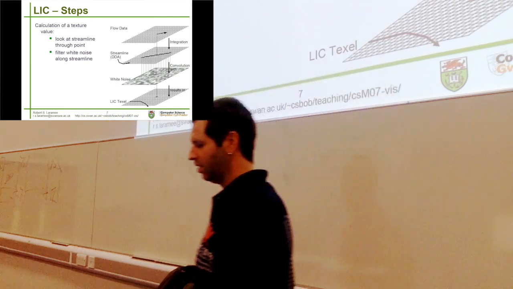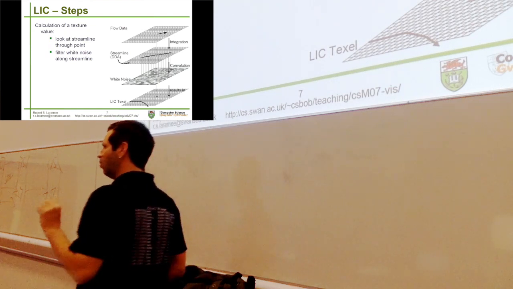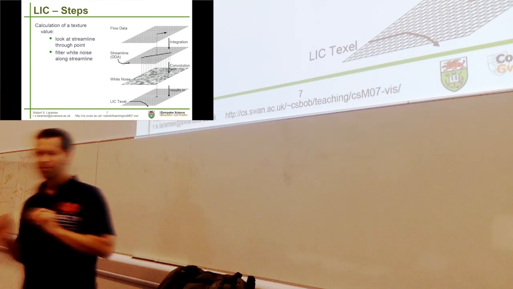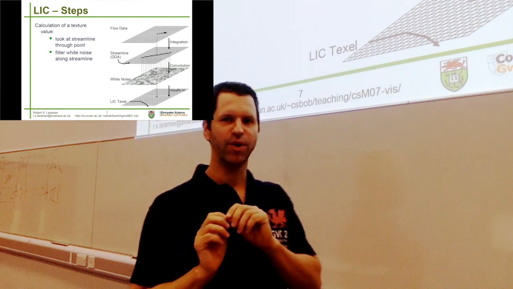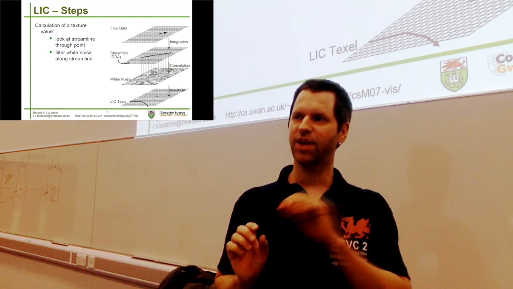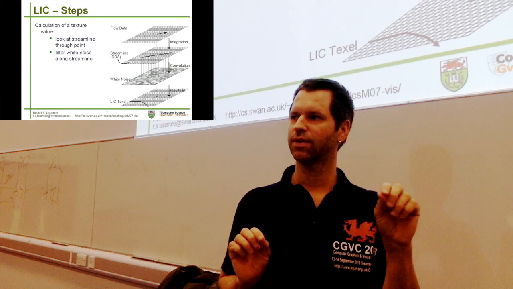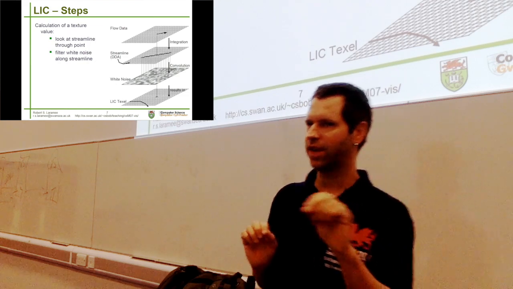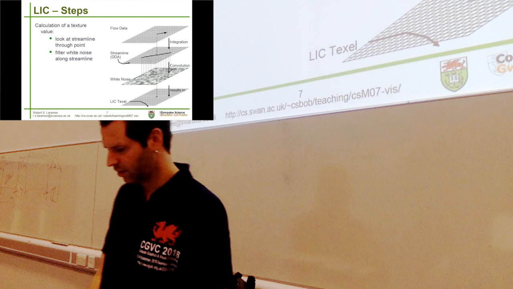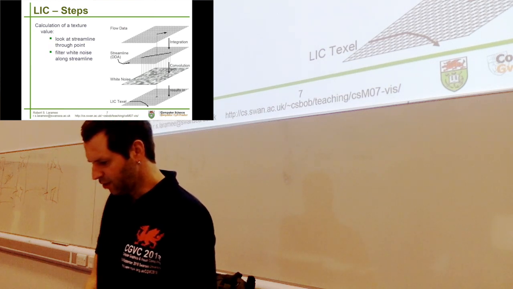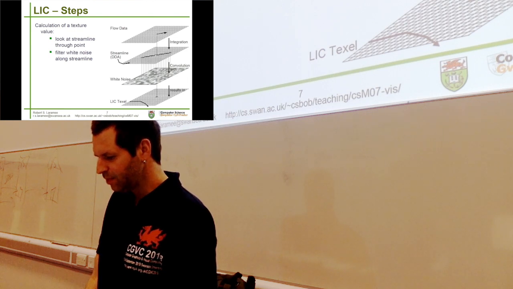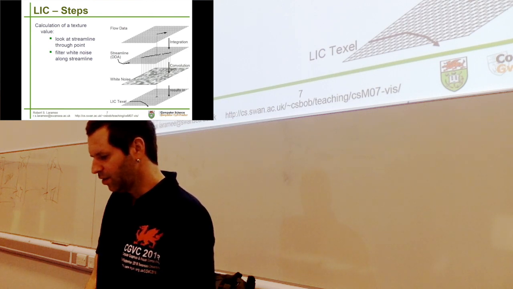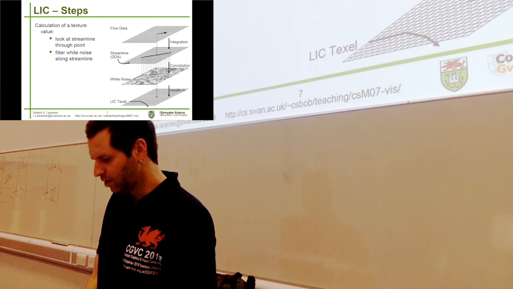It's the same thing this time, but now when we compute the position of a streamline point, we're also moving this texel value along with us. So we're bringing a texel value along with us. That's what this represents. So forward integration, backward integration, and then correlate the texel values.